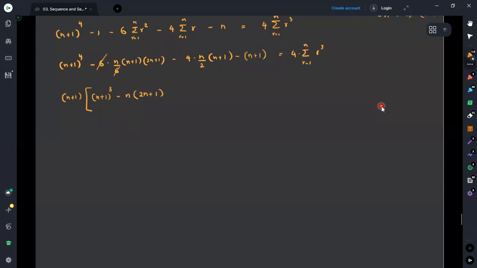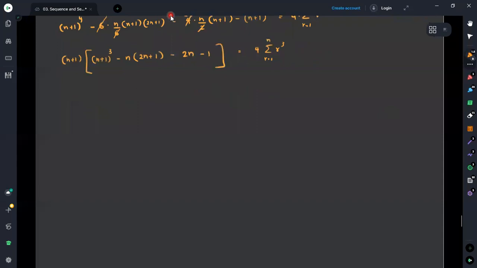Thereafter, we can see 4 and 2 cancel out with 2. It is minus 2 times n. Here, the remaining quantity was 1. It is because n plus 1 was taken. It is equal to 4 times the summation of r cube, where r goes from 1 to n.